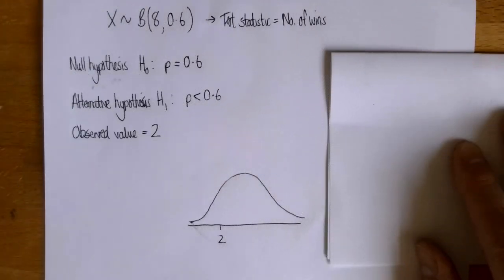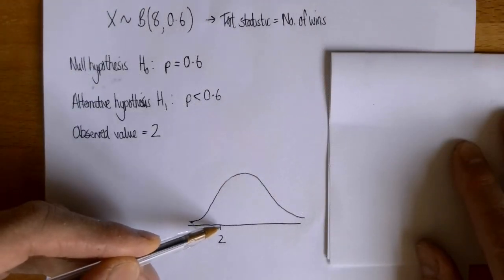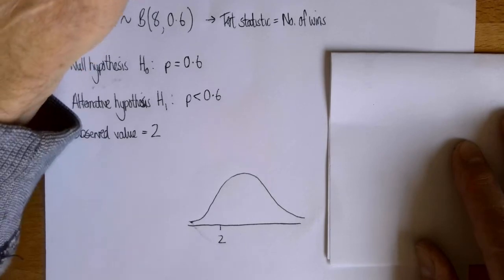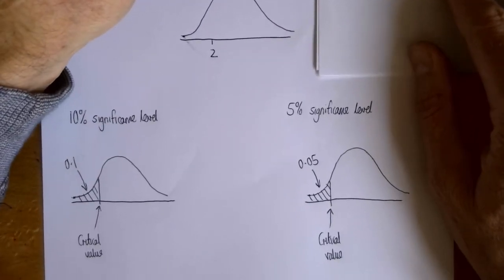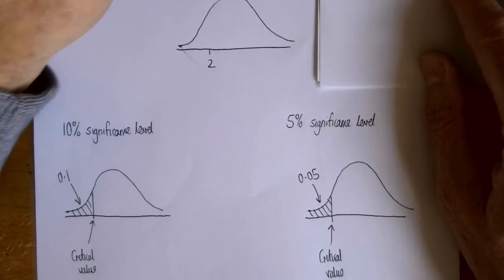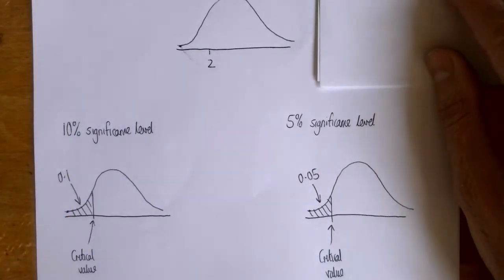Okay, so what we do is this. We look at the observed value and we judge its probability against a significance level. Let me explain. The significance level is always quoted in the question, and the two most common are 10% and 5%.